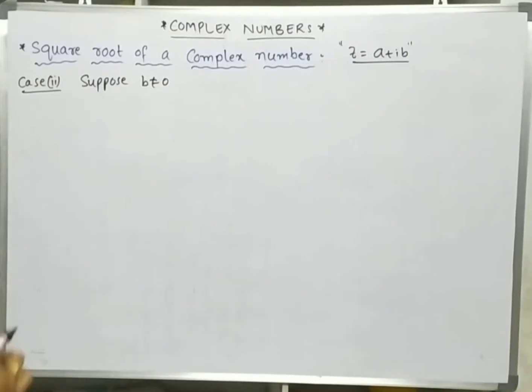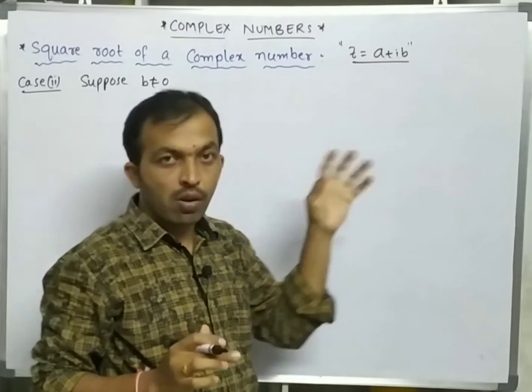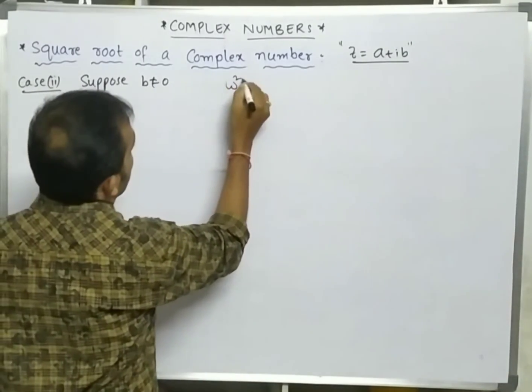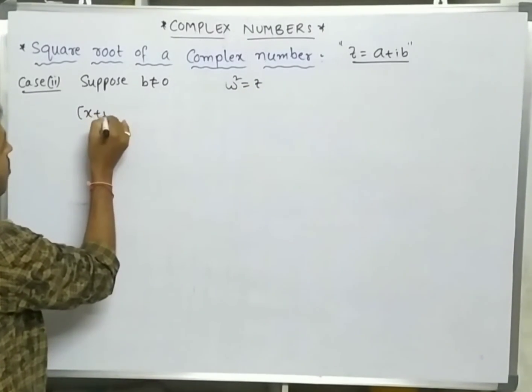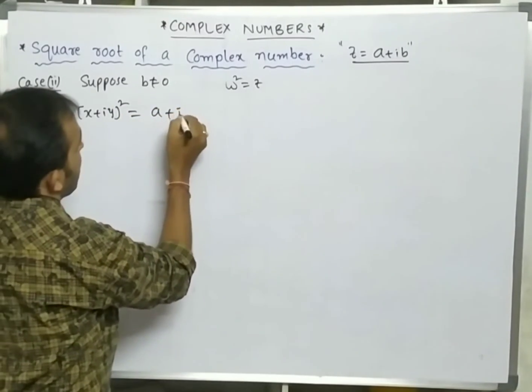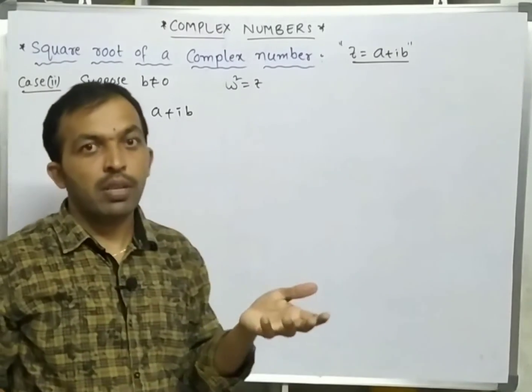Next, second case, suppose b is not equal to 0. That means the imaginary part is not equal to 0. Then what happens? As per our condition, w square is equal to z, right? So let w be x plus iy, whole square equal to z, which is a plus ib. I am taking w as another complex number, that is x plus iy.